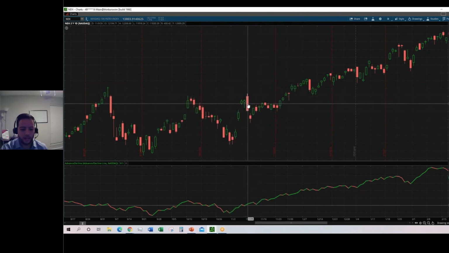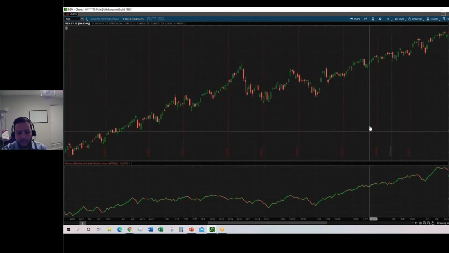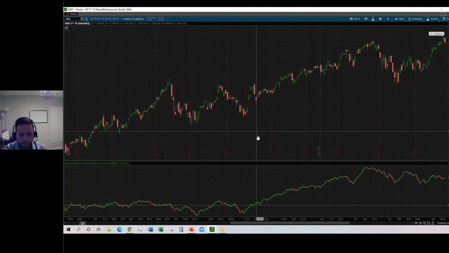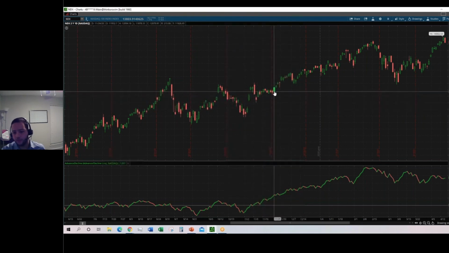You may not be looking at this indicator and saying, oh, it might rebound by next week. But when you take a step back and look at the daily, if you're able to identify the pickup in breadth, so more stocks are advancing than declining, and the price is declining, there may be a possibility for a subsequent little rally in the next couple of days. And sure enough, it did, right?